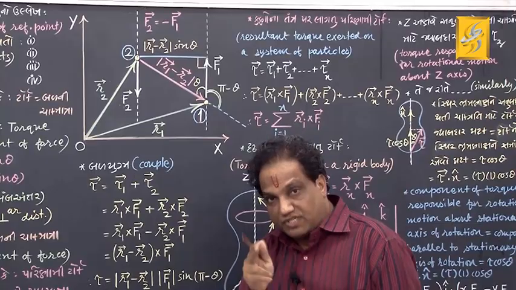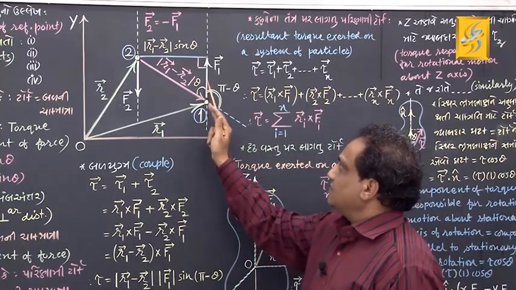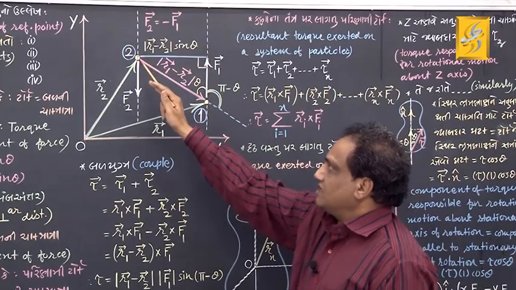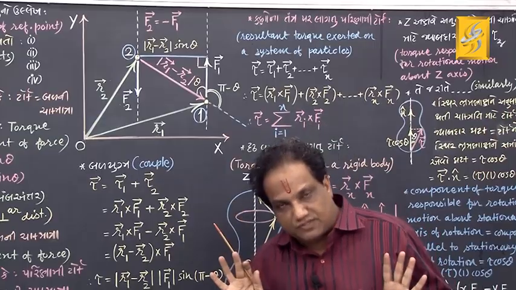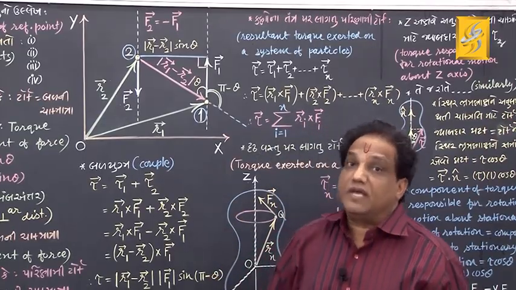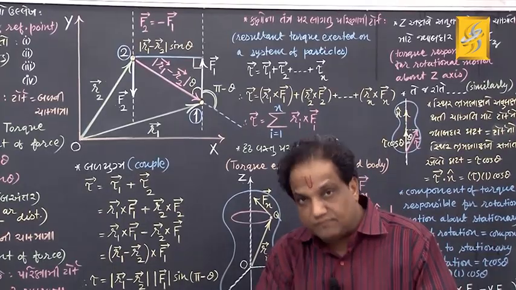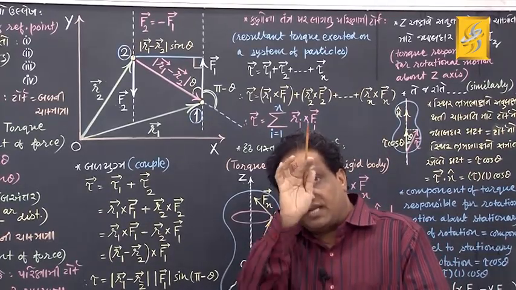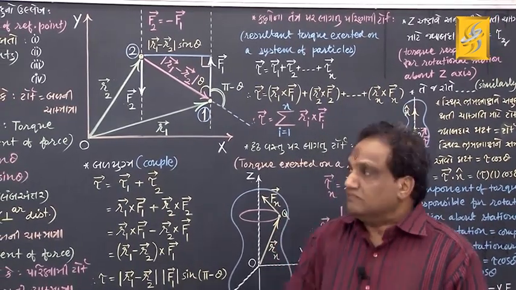Mind well, magnitudes are equal but directions are not the same. They are opposite in direction and non-collinear, meaning their lines of action do not coincide on the same line.